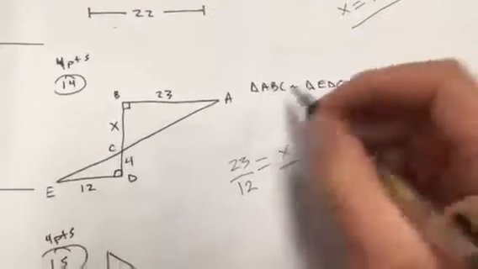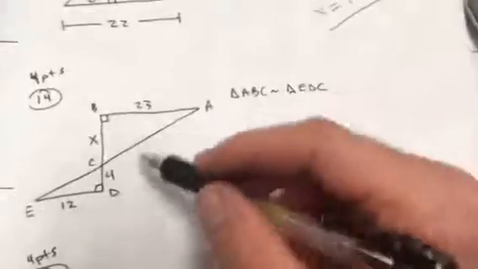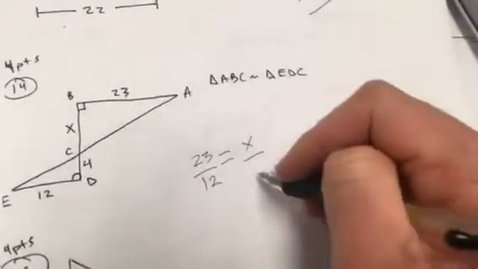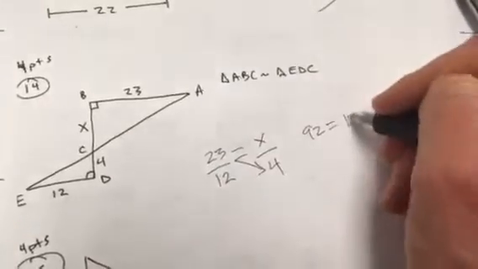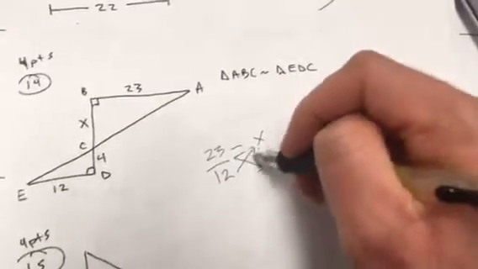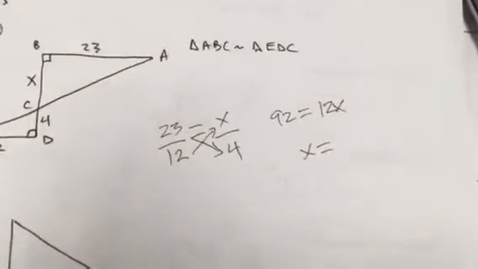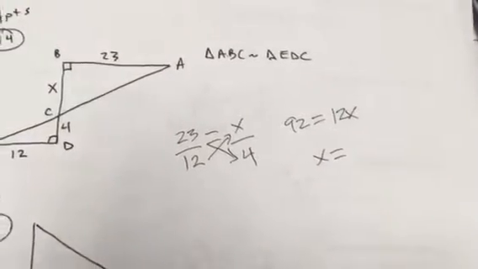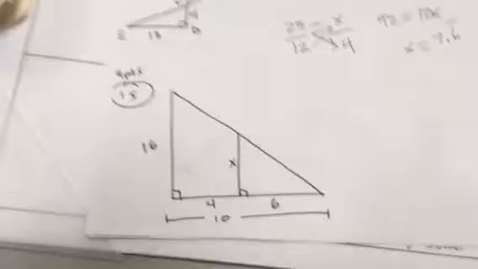Got to use x. BC is the second two, so I got to correspond it with DC, which is 4. Cross multiply. 92 is equal to 12 times x, and that should be 7.6 repeating. Gonna type that in. 7.6 repeating, 7.7 if you want. It's repeating, just put that. That's fine.